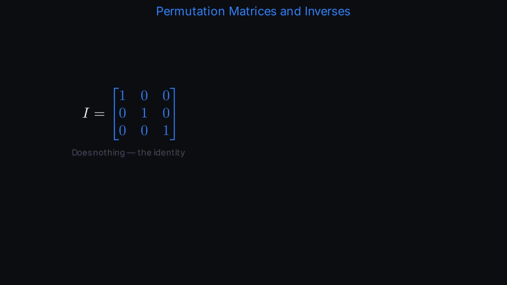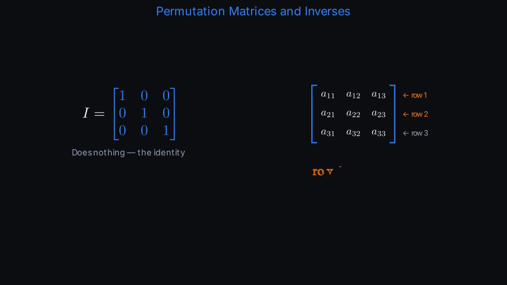Let's start with the matrix that does nothing, the identity, and see how one small change turns it into a row swapper. Take a 3x3 matrix with rows labeled 1, 2, and 3. Now watch what happens when we swap row 1 and row 2.